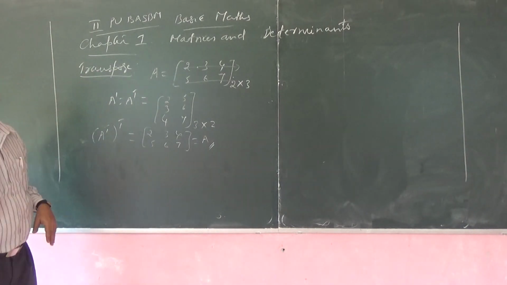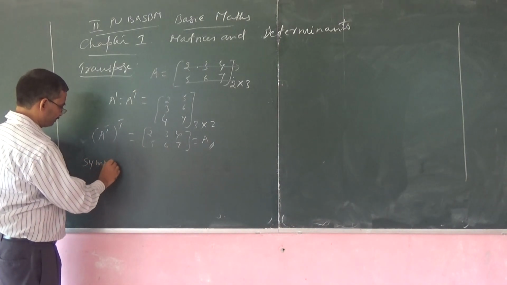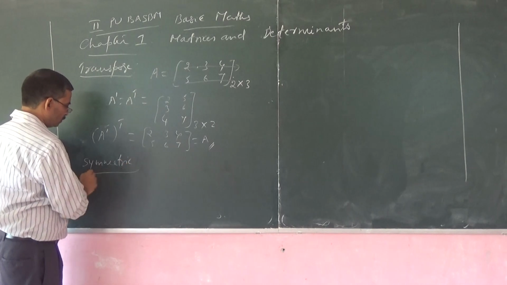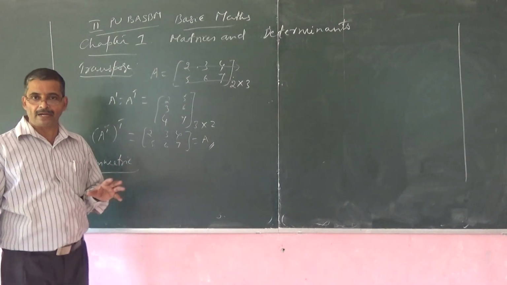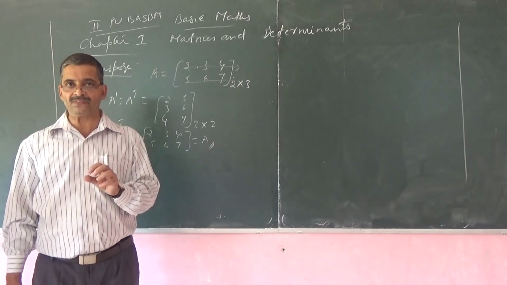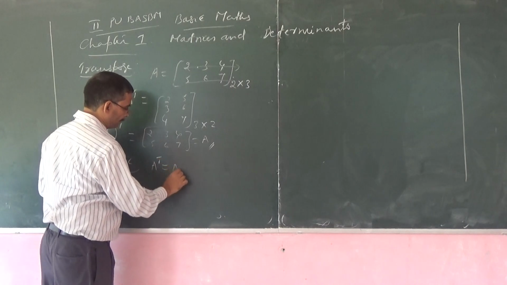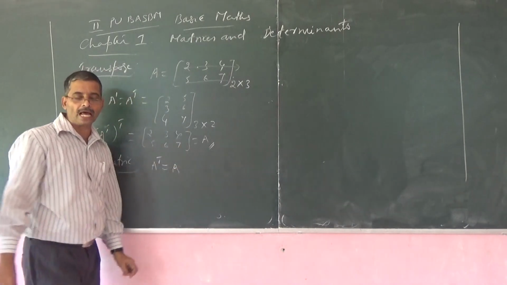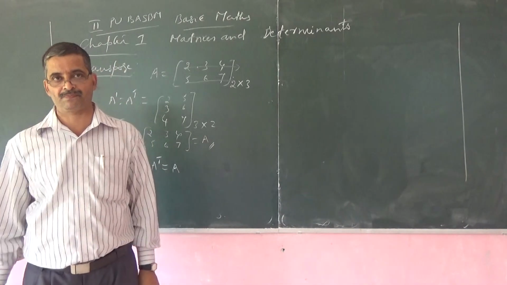Now the next topic is symmetric matrix. So what do you mean by a symmetric matrix? We say that a matrix is symmetric if A transpose equal to A. This will happen only if you are considering a square matrix.